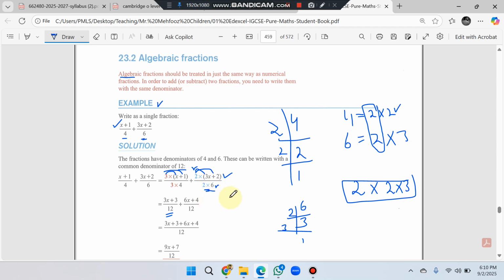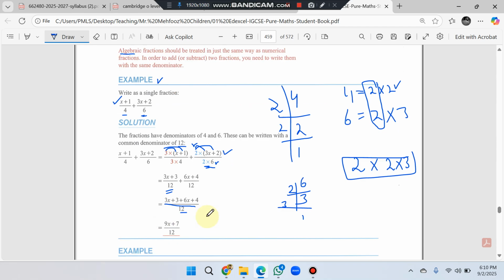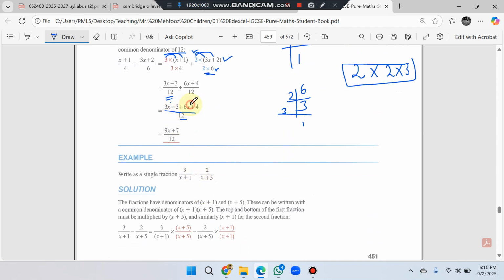Now the denominators are the same, so it becomes (3x + 3) + (6x + 4) over 12. When the denominators are the same, we just add the numerators and take the common denominator. So 3x + 6x is 9x, and 3 + 4 is 7.